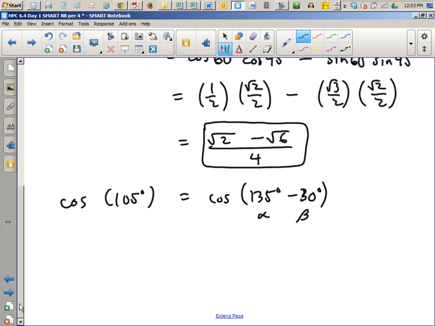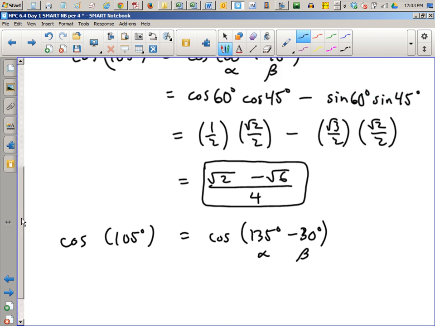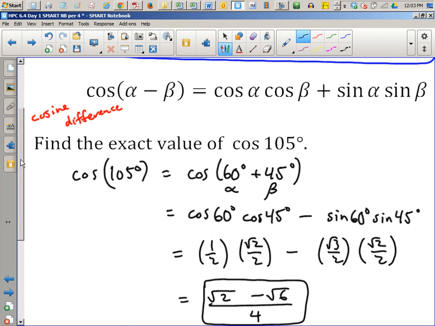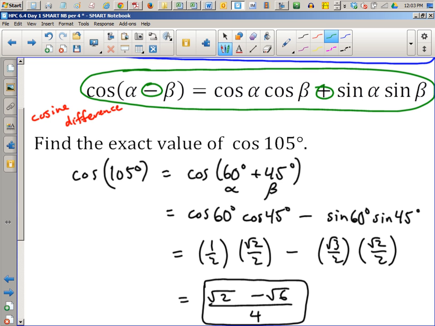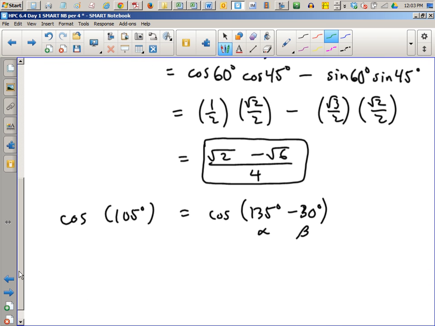So this student is looking at 105 as a difference of two things. They're going to have to use the second formula up here, with a minus here and a plus here. So it's going to be cos cos plus sine sine. Let's see if it works for them. So they're going to be using cos cos plus sine sine.